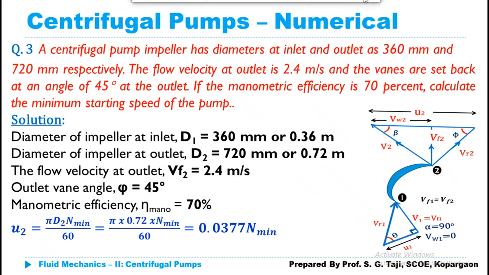We have discussed in previous lectures how to calculate VW2. We are going to use the outlet velocity triangle.